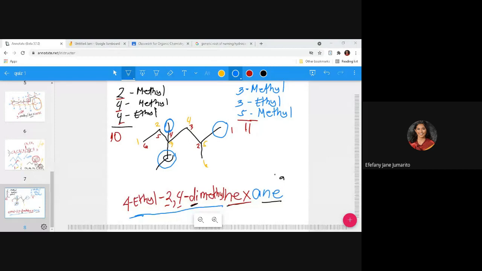Dili ninyo i-include ang di, dili include ang tri. Ang inyong basihan is the alkyl groups, the methyl and the ethyl. Disregard the di. Una sa alphabet, it's ethyl, letter E and then M. So, dapat una jud ang ethyl. Dili pwede mauna ang dimethyl.